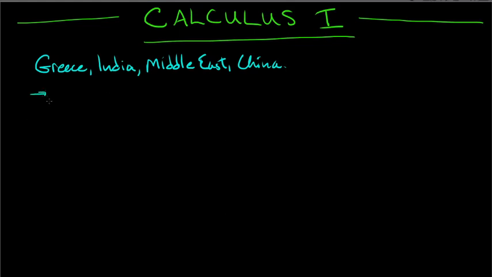It wasn't until about 400 or 500 years ago in Europe that Sir Isaac Newton and Gottfried Wilhelm Leibniz put all of these ideas together into a coherent framework, which they called calculus. Essentially the two main branches of calculus are differential and integral.